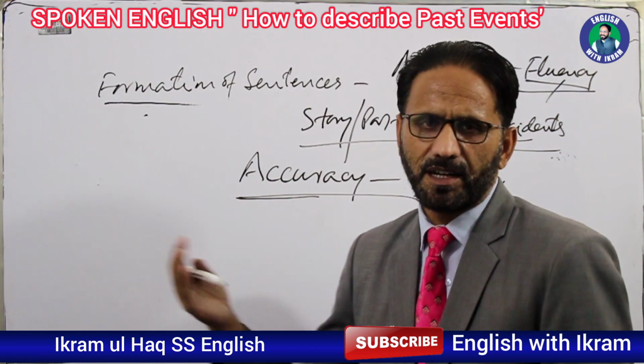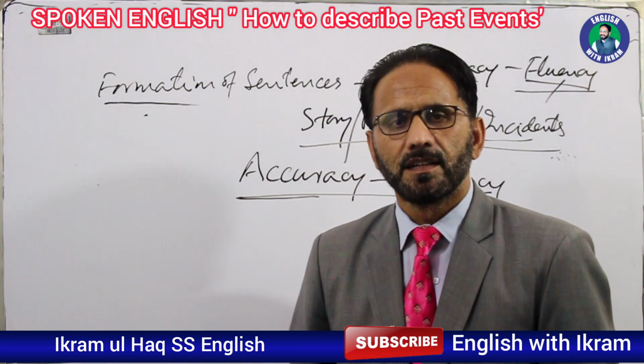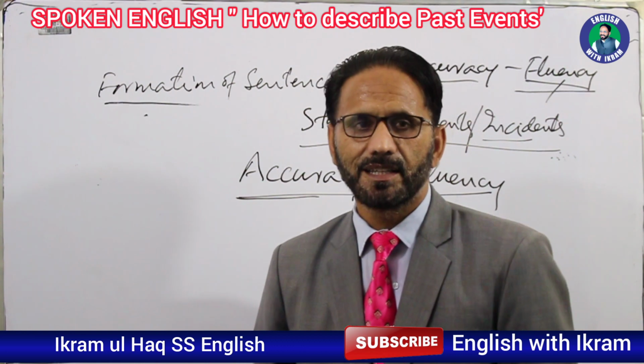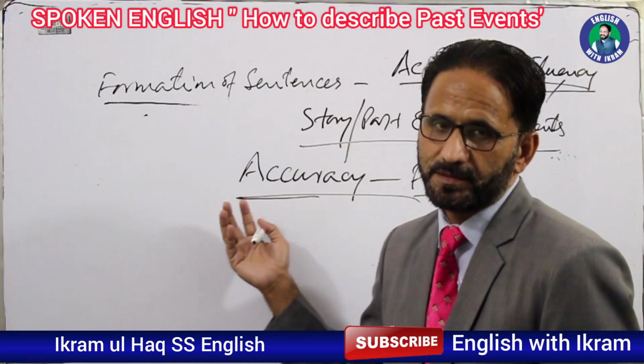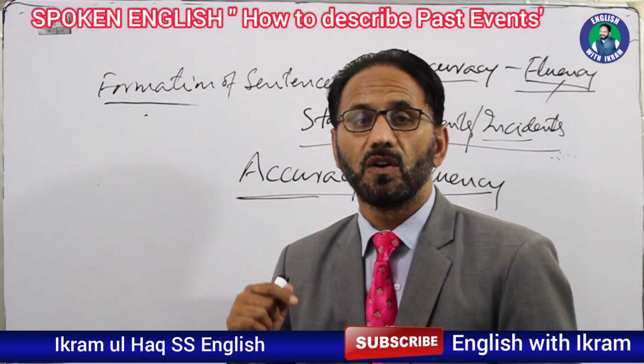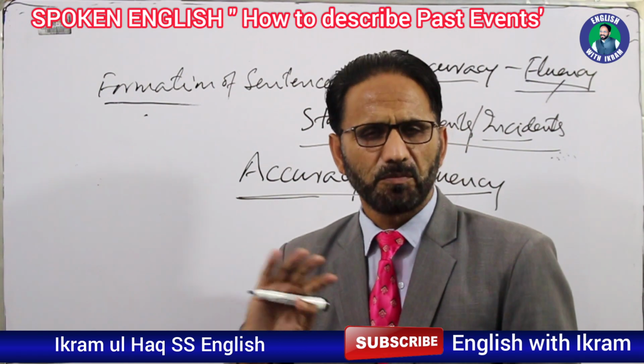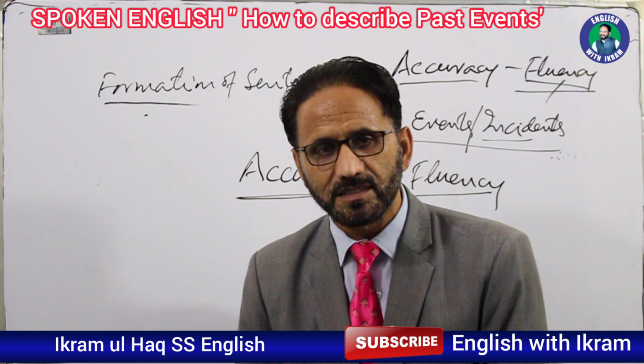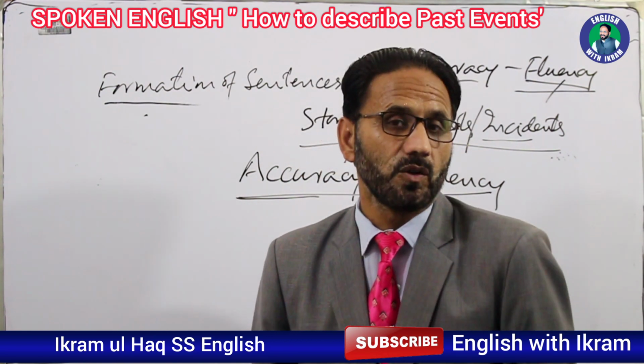For pronunciation, I've been discussing sound, vowel sound, consonant sound, syllable and stress, everything. And grammar, I have discussed all the tenses, the structure, formation of sentences, how to form questions, different types of questions, different types of sentences. So you should watch all those videos.